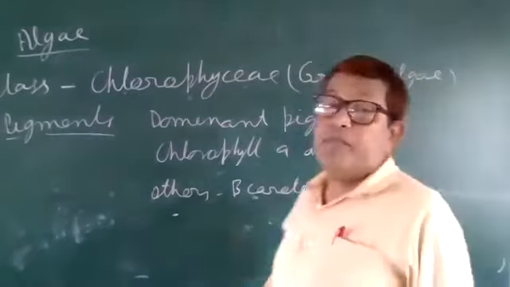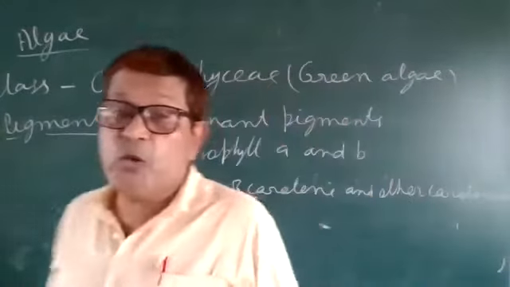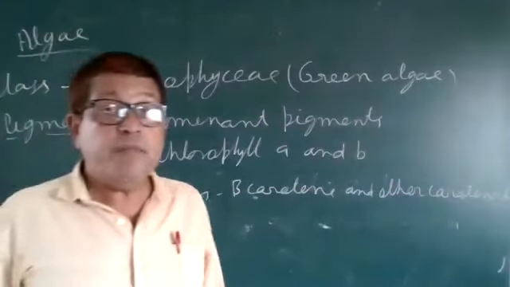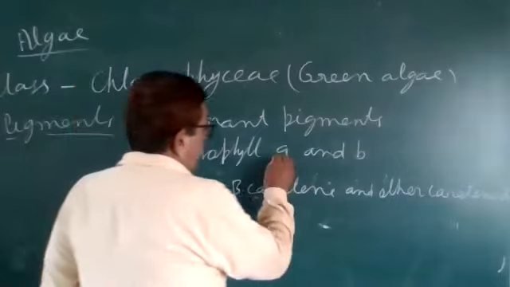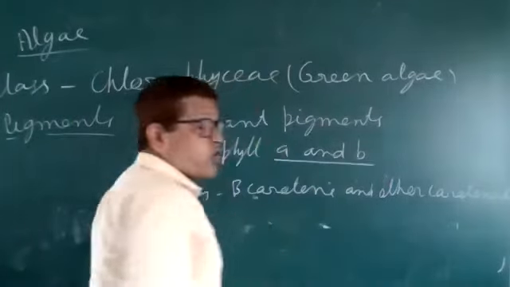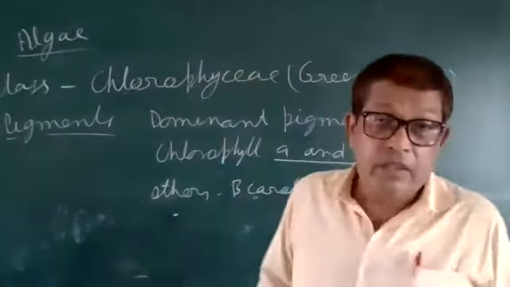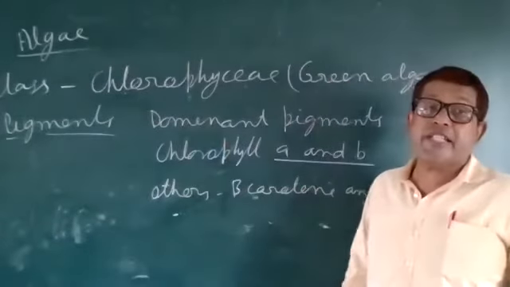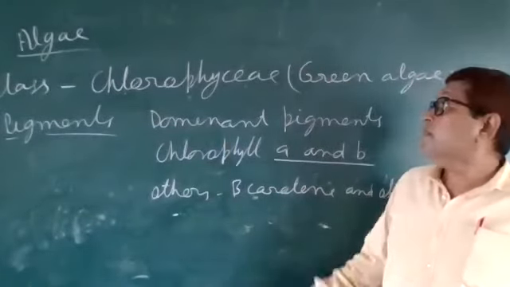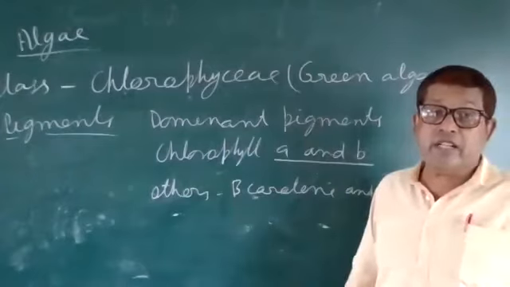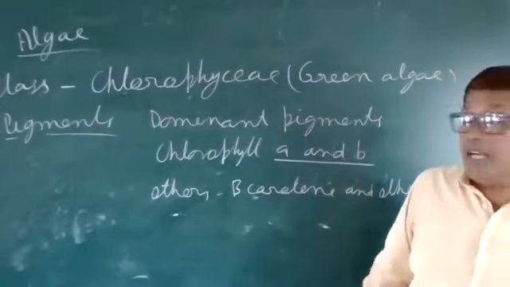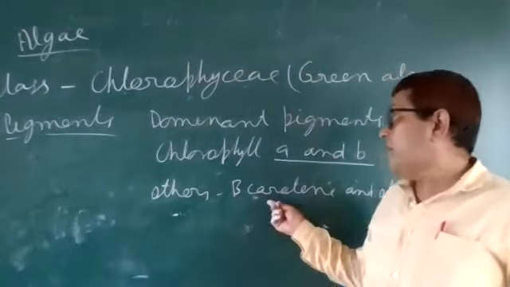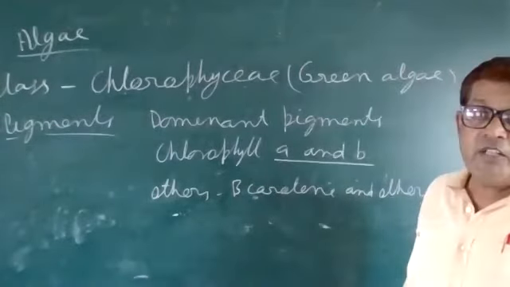That is why the name chlorophyceae is given. This is a very peculiar feature. The dominant pigments are chlorophyll A and chlorophyll B, and this pigment is responsible for the grass green color. Other pigments are also there, but the main pigments are chlorophyll A and B.